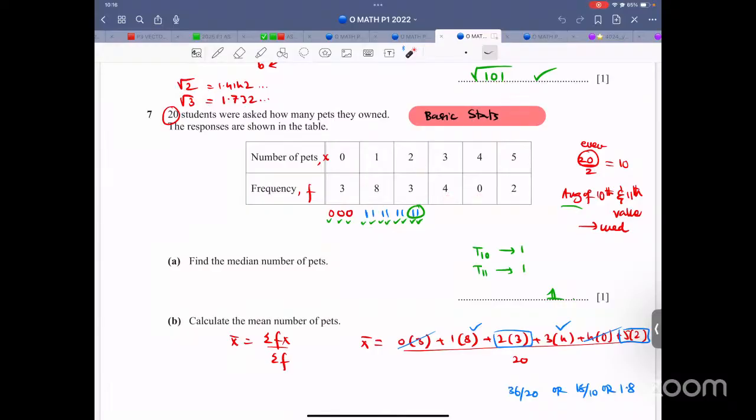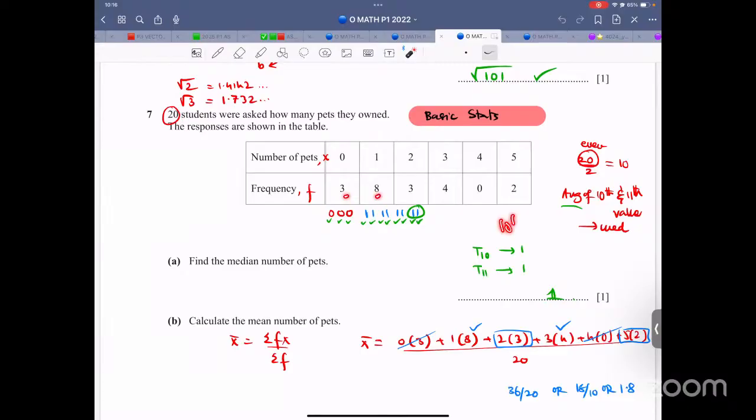So first of all, 20 is the frequency, that is divided by 2. That is 20 students. 20 divided by 2 is 10. Therefore, the average of the 10th and 11th value will give me the median. Got the idea? Now over here, you have to look for this. That is this thing, which is 3 plus 8 is 11.